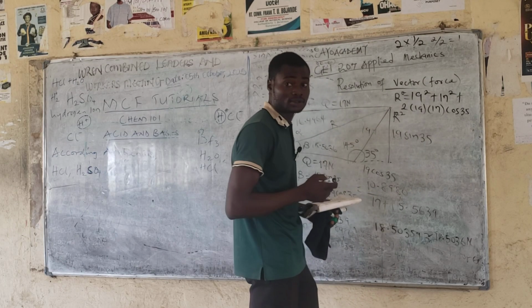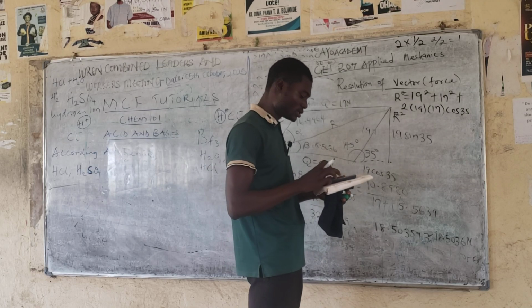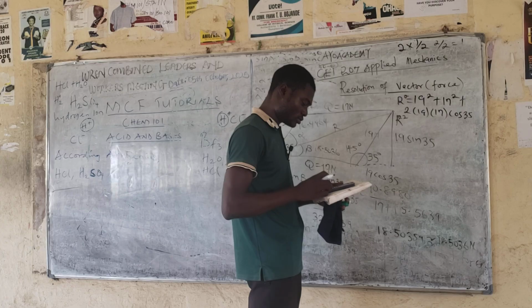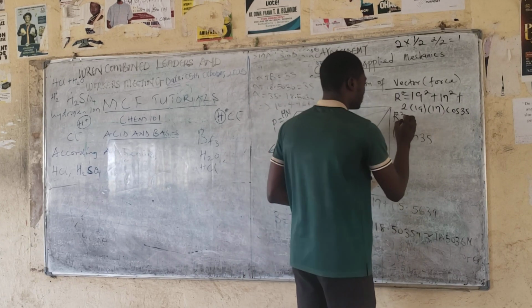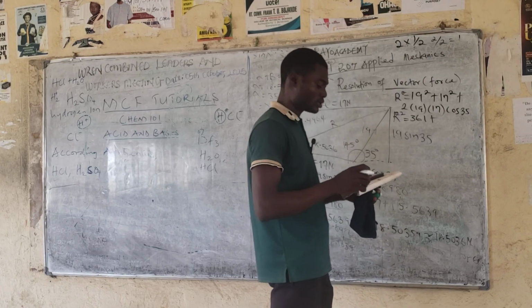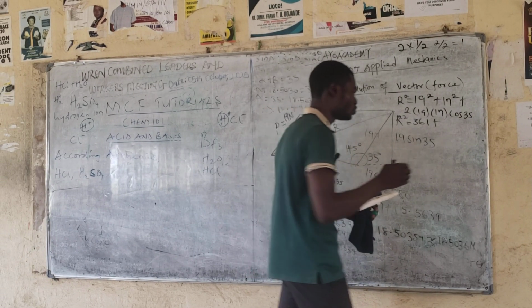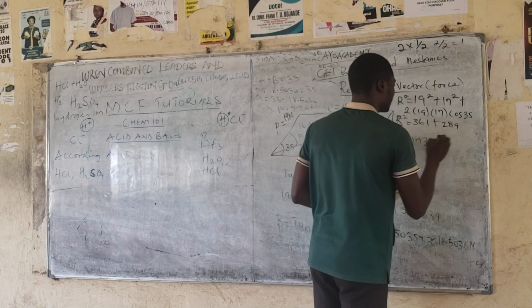What is 19 squared? 361. 17 squared, what do we have it as? 289.